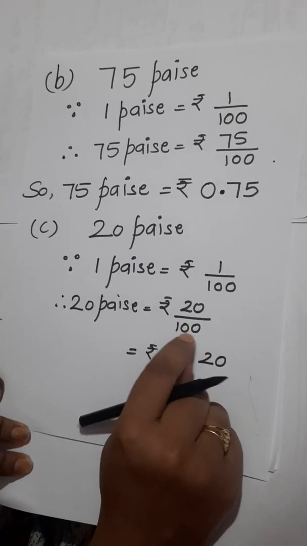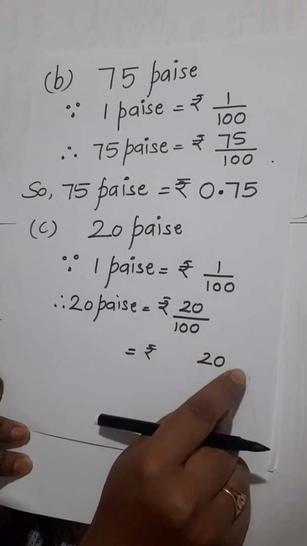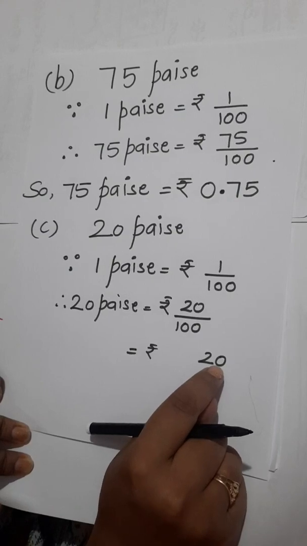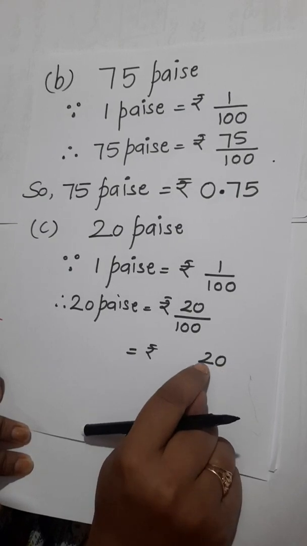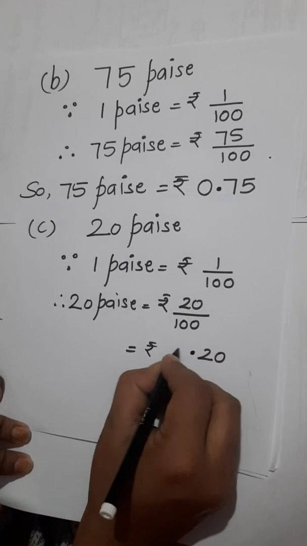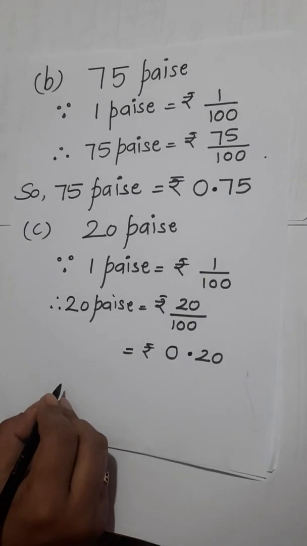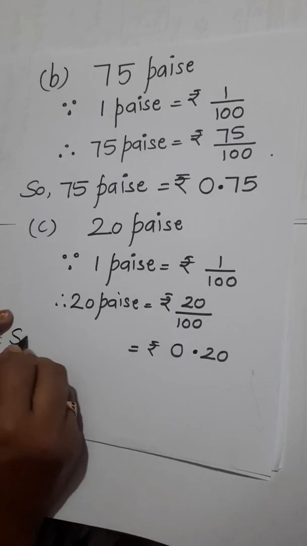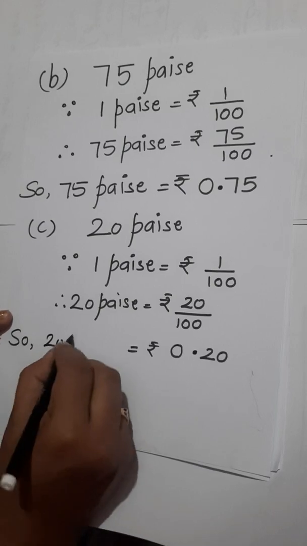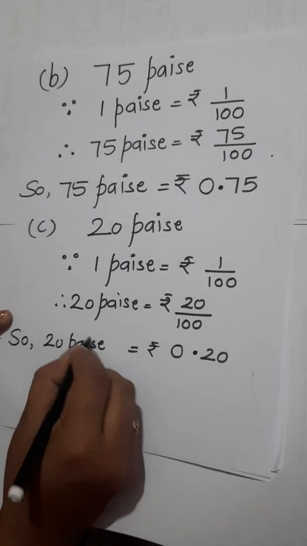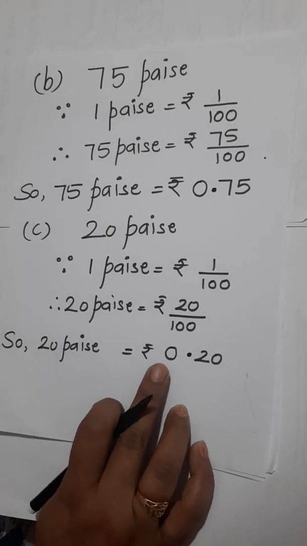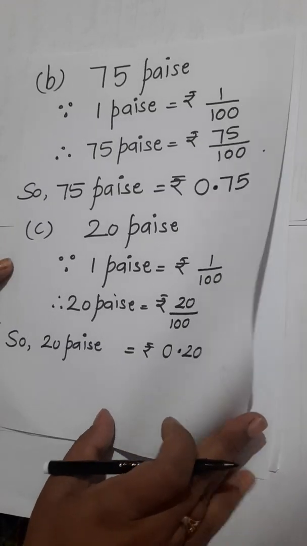As we have 2 zeros in the denominator, it means from the right you have to put decimal after 2 digits. Put decimal, so you can write like 0.20. So simply we can write, so 20 paise is equals to 0.20.